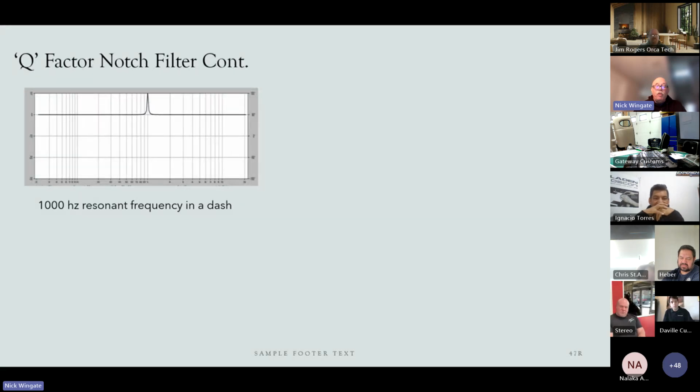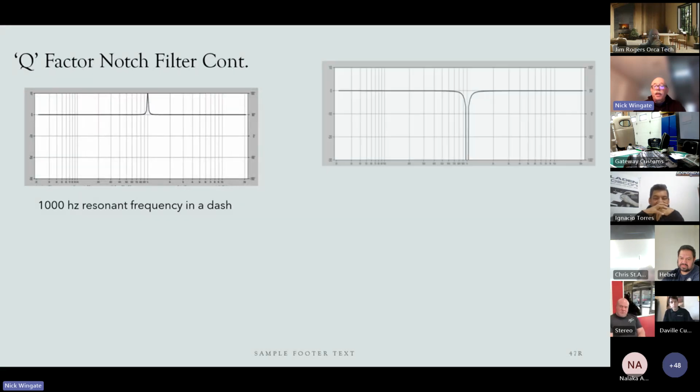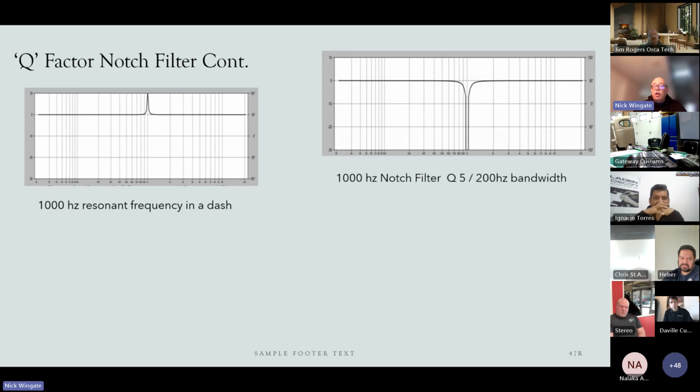So you can see here's my 1,000 hertz resonance. And this is what I did. I tried a 1,000 hertz notch filter with a Q of 5, which was 200 hertz bandwidth. Now, you take a look at the amount of energy right here. You see how wide the energy is right here. And you look at how wide the energy here is. Now, I have cut, this takes too much away.